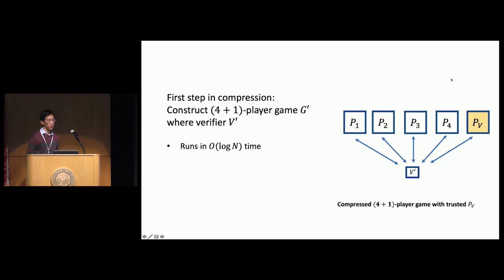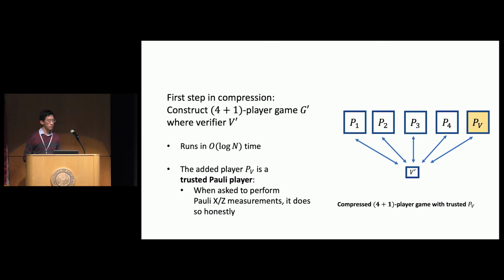So the first step in the compression is you construct a 4+1 player game G prime, where the verifier V prime runs in logarithmic time, and you've introduced this 5th player we call P sub V, and we call it a trusted poly player. Okay, and what this means is when this little verifier V prime interacts with P sub V, it asks P sub V to perform poly measurements.